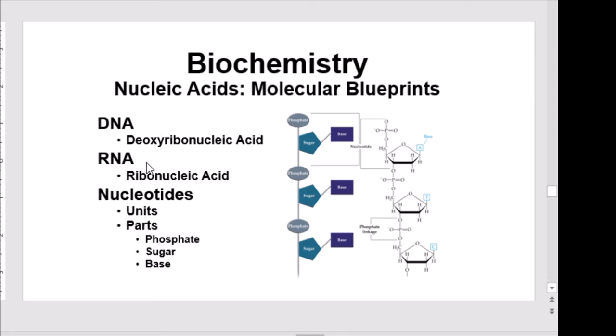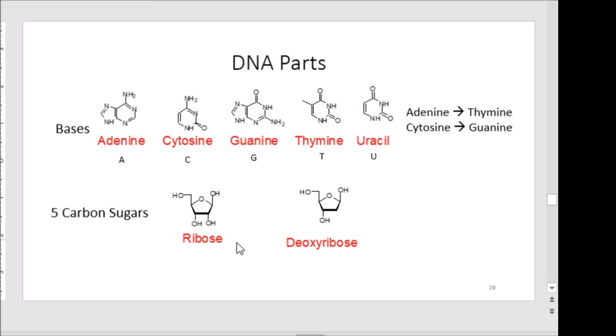So DNA, RNA, we'll be looking at these, but really what we're focused in on. So we've got each one of these has the sugar, which depending if it's DNA, then looking at the parts here. So here's our ribose, and if we take this oxygen off, this OH group here, it's deoxyribose.